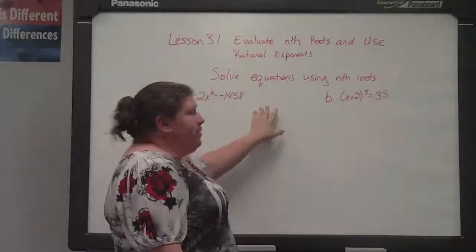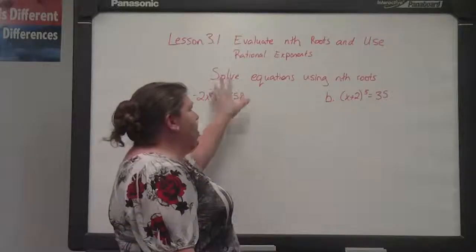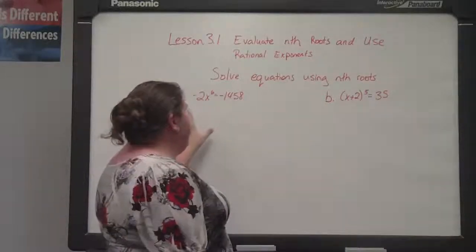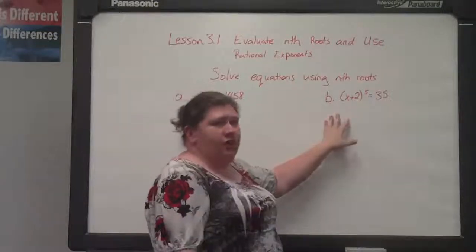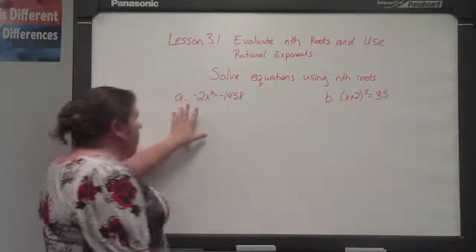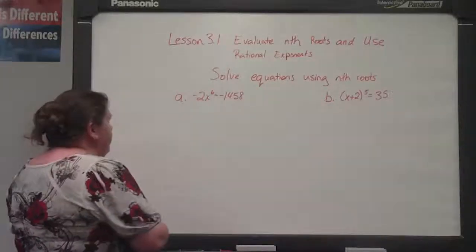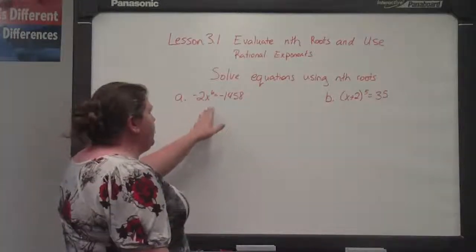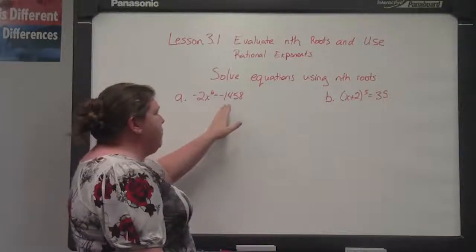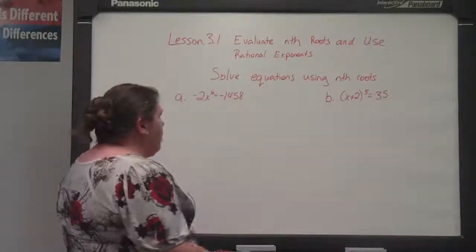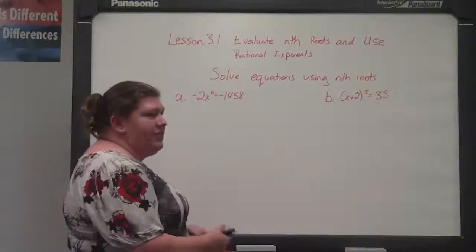The last concept that we want to talk about today is solving equations using nth roots. I went ahead and put my 2 equations that I want to solve on the board. We're going to work on A first. A shows negative 2x to the 6th equals negative 1,458. When we are solving, we want to get x by itself.